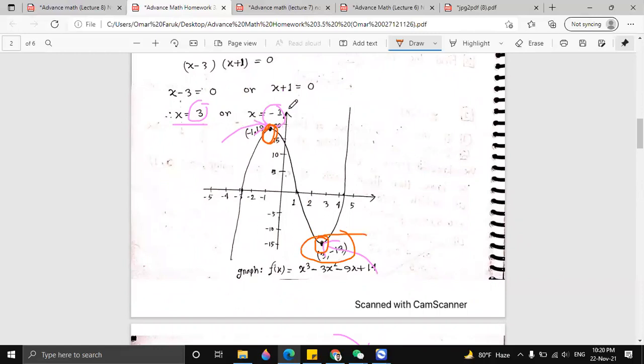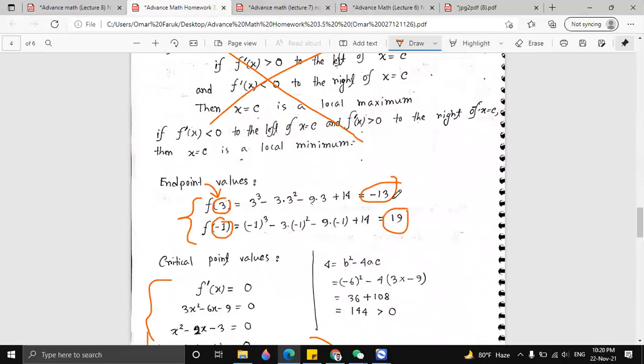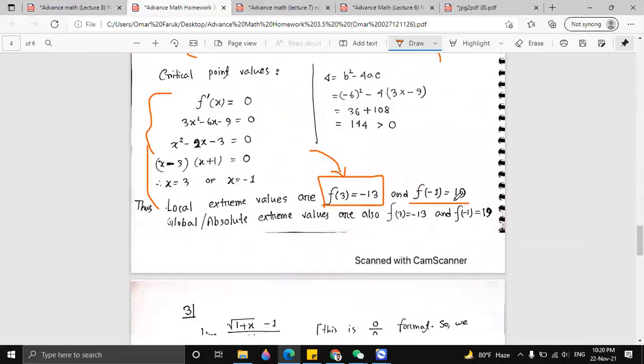So this is our local minimum, and this point here is our local maximum, because you see the numbers here: one is minus 13 and another one is 19.